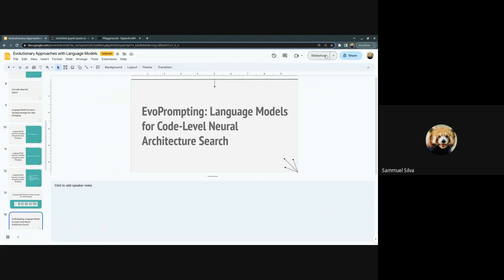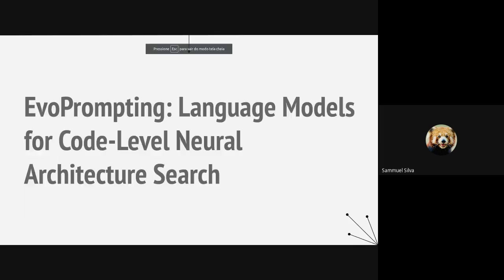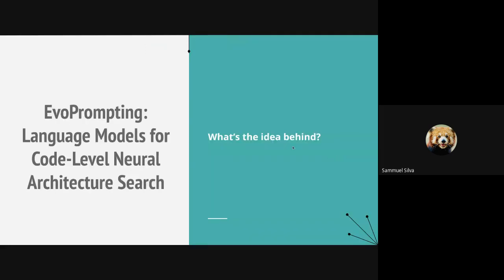So the second one is EvoPrompting. The idea behind EvoPrompting is you take the language model and use it as mutation and crossover.